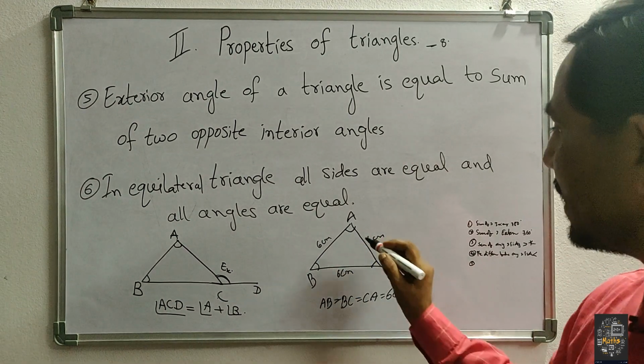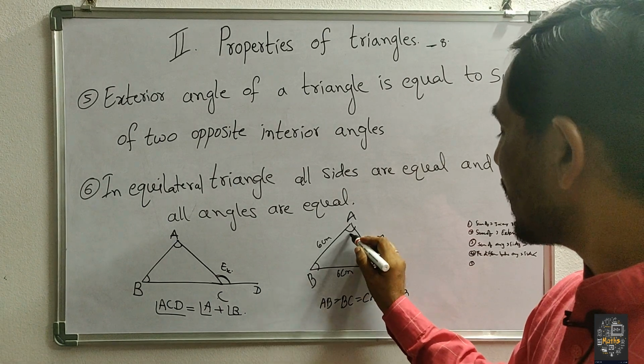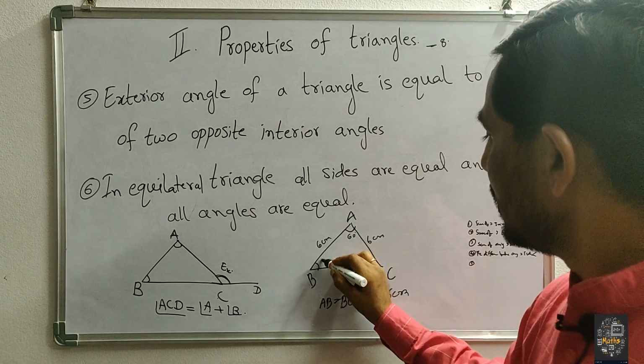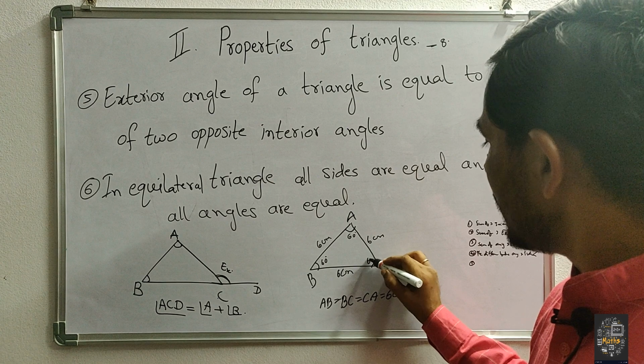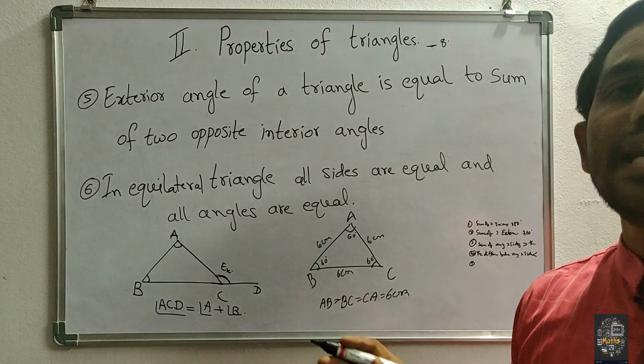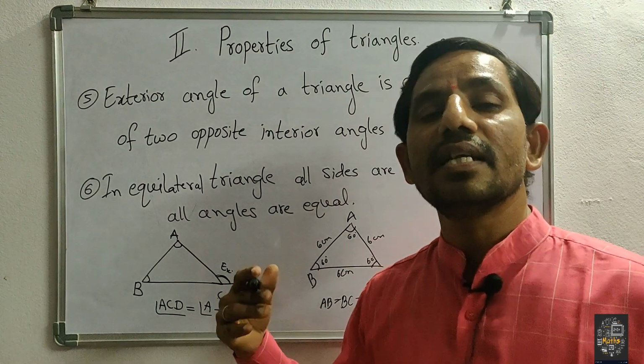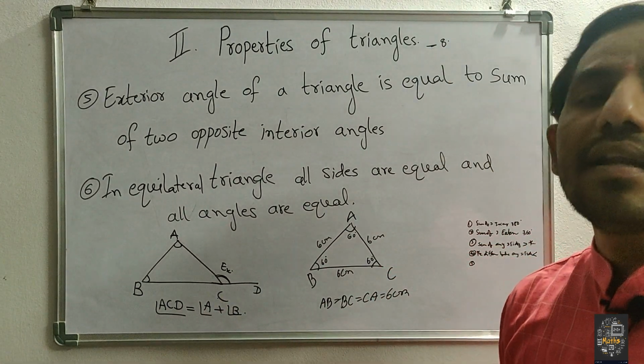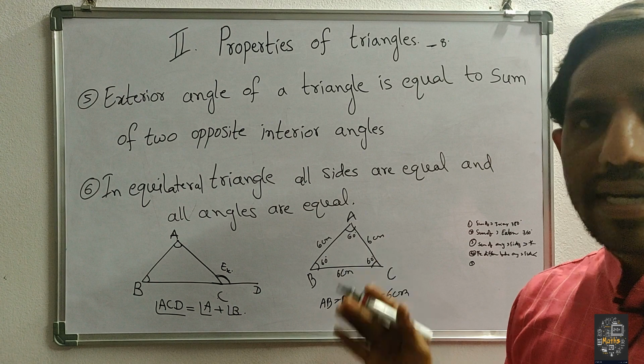And in an equilateral triangle, angle A, angle B and angle C are compulsorily 60 degree, 60 degree, 60 degree. For example, if 61 degree is there, it is not an equilateral triangle. Maybe that is an acute angle triangle or scalene triangle or right angle triangle.